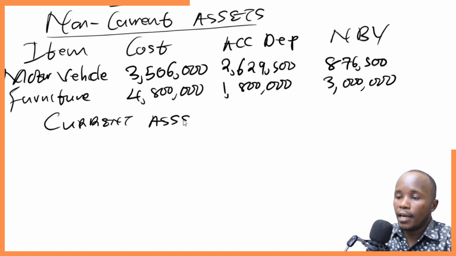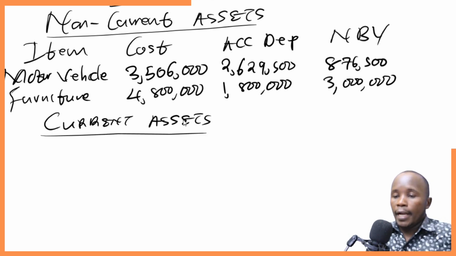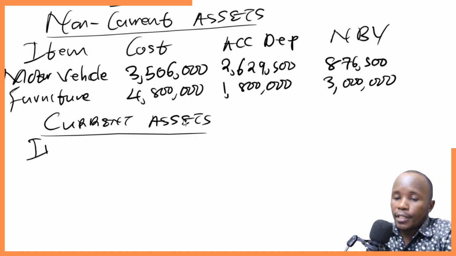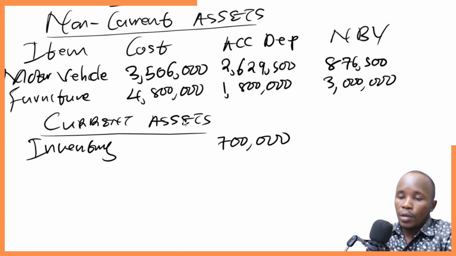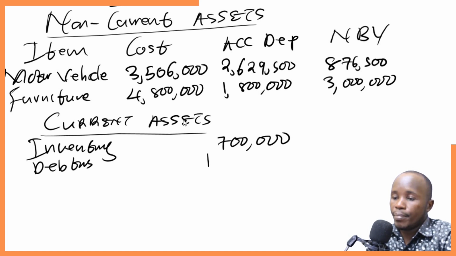I don't think I have any other non-current assets. Current assets, we start with inventory. And inventory here, we are considering the closing inventory. Inventory, that is 700,000. We have debtors. Debtors as they appear is 1,870,000.